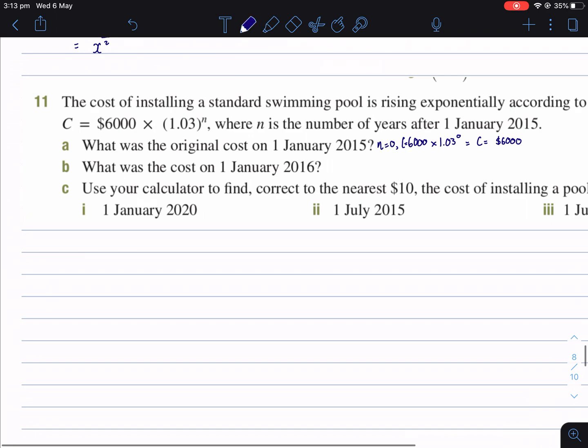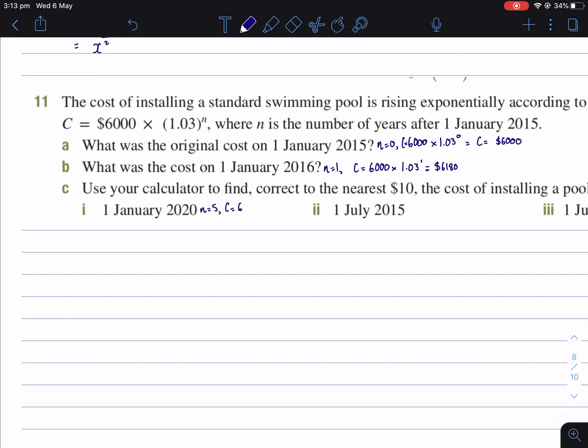So the cost on January 2016, so this is n equals 1, C equals 6,000 times 1.03 to the 1. Calculator. 6,180. Okay, 1st of January 2020, n equals 5.